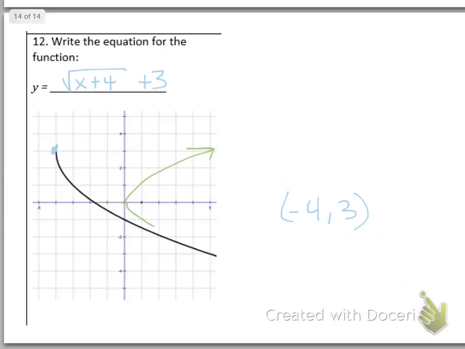So somehow it reflected and went the opposite direction, so that it's going downward now. That's a reflection over the X. If I'm reflecting over the X, that means I have to have a negative in front of my equation here. Okay, so you can double check this by typing it in your calculator and seeing if your black graph matches. So double check to make sure that you pick the right numbers and everything.